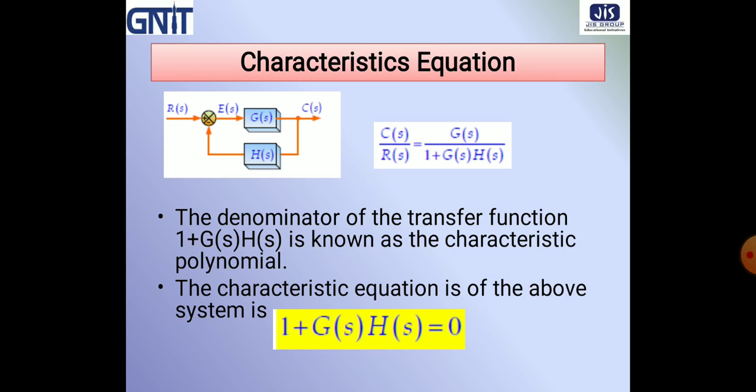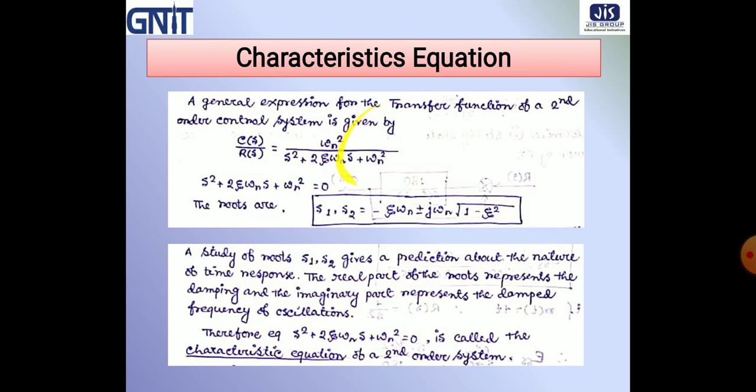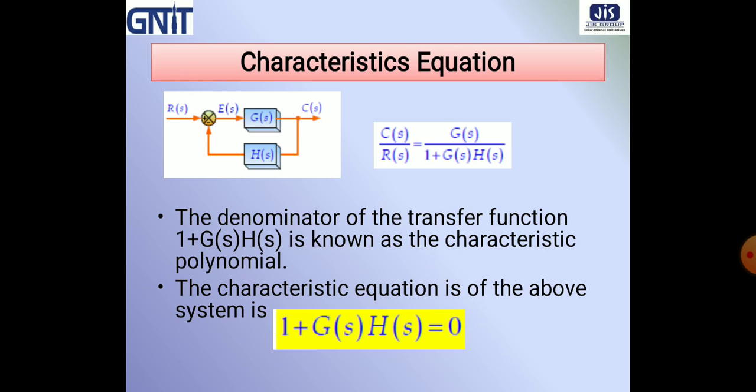Now the denominator part of this closed loop transfer function, that is 1 + G(s)H(s), is called the characteristics polynomial.